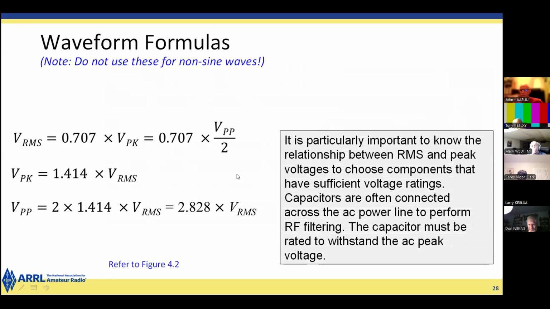It's really all in the fine print, just carefully read the questions. It's particularly important to know the relationship between RMS and peak voltages to choose components that have sufficient voltage ratings. What they're getting at here is the capacitors, in particular the electrolytic and the other ones, are very sensitive to overvoltage.